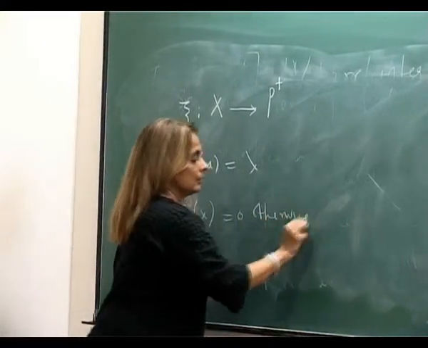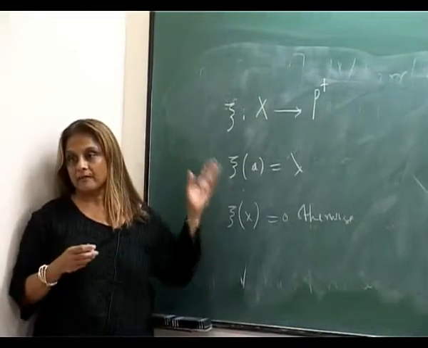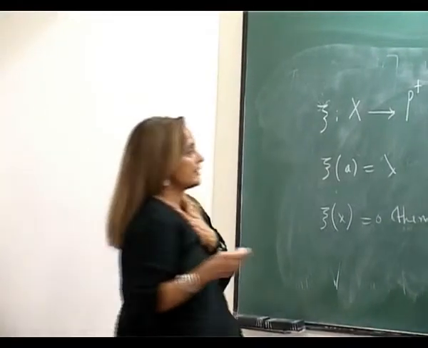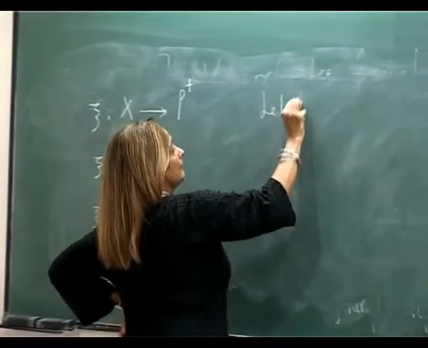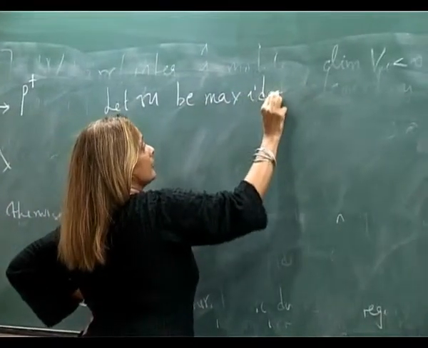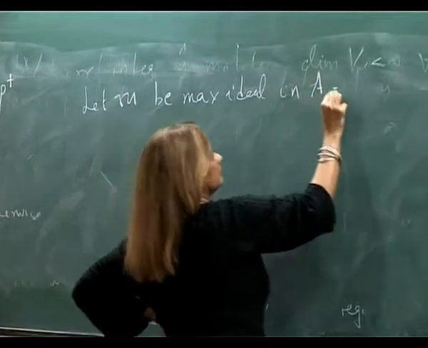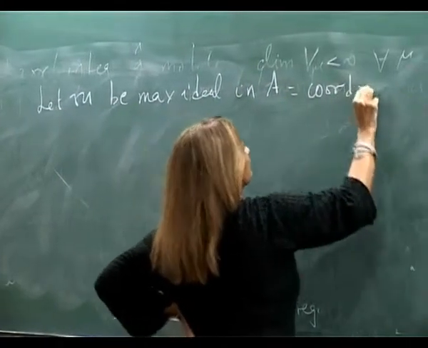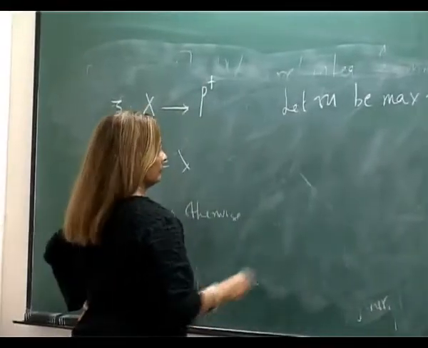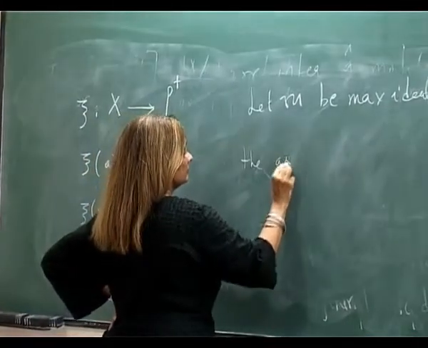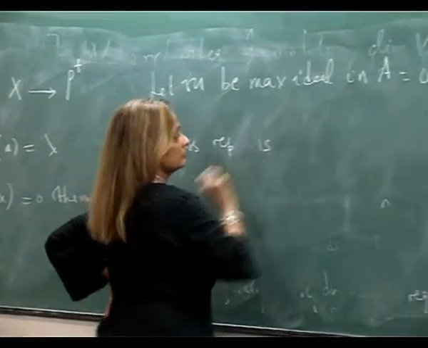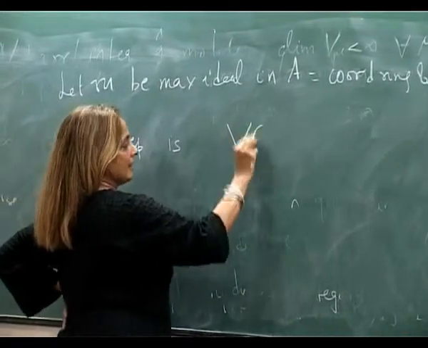Okay. So a point in my variety determines for me a maximal ideal in my ring, right? So let M be the maximal ideal in the coordinate ring A. Okay. So the associated representation to this is just V lambda.